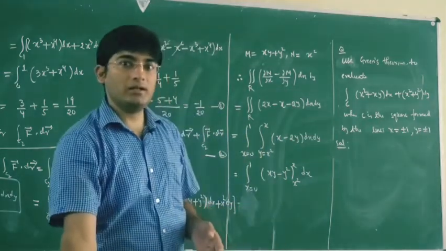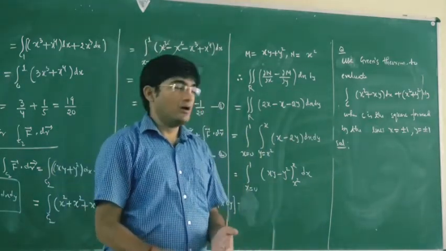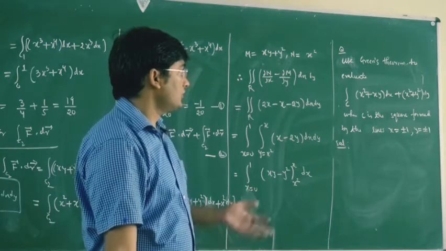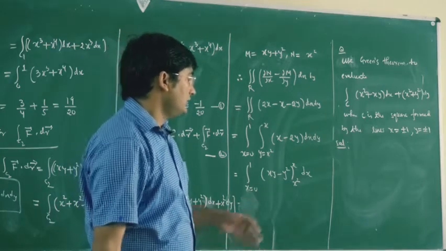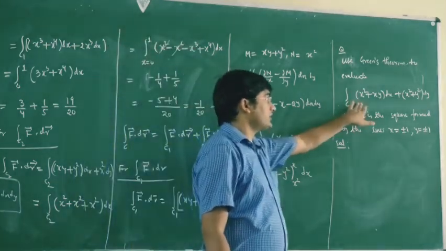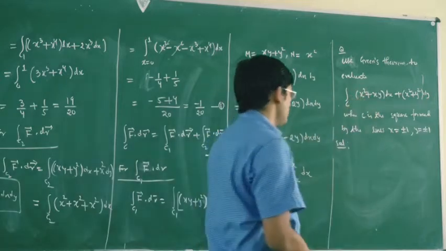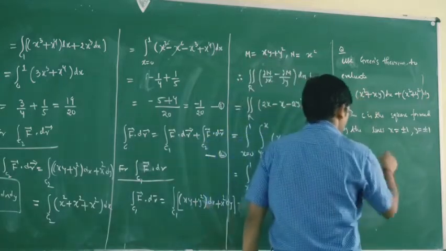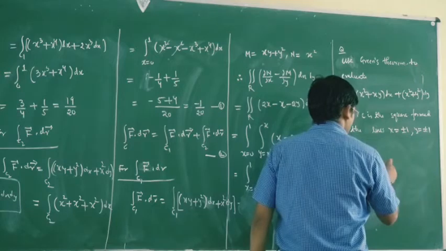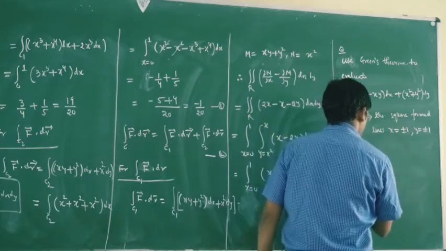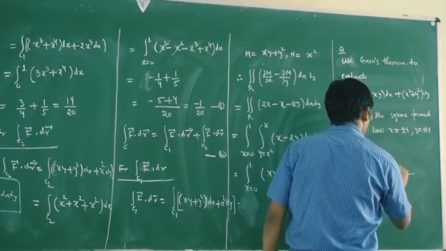That means we will apply our Green's theorem for the double integral. That means we will use the double integral to evaluate this line integral. So solution. Here you can see that we have a square with x equal to 1. So this is your x equal to 1.